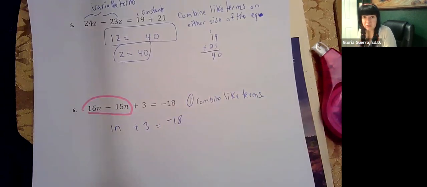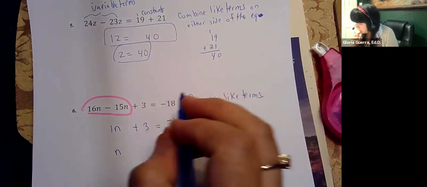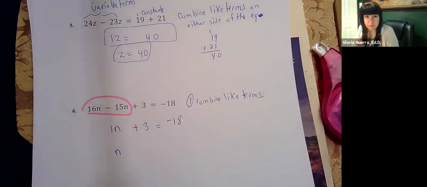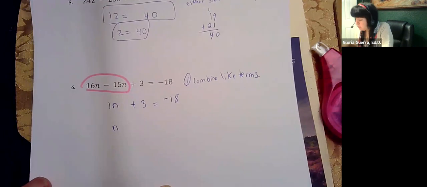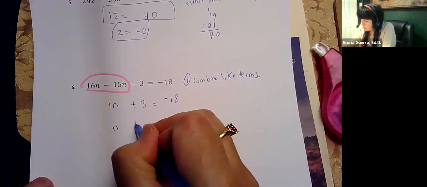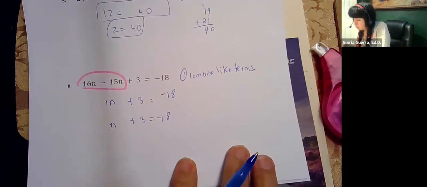And they're going to want you just to leave it as n, not 1n. So I have n plus 3 equals negative 18. So I combine like terms.